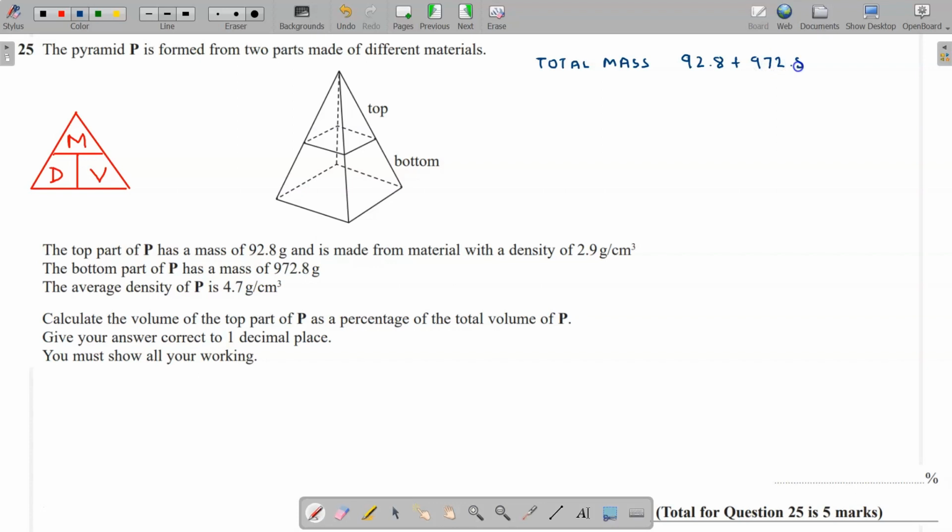And we add them together and we get 1065.6. So that's easy enough.